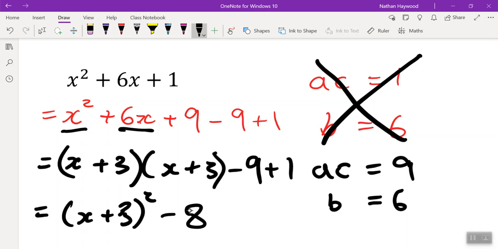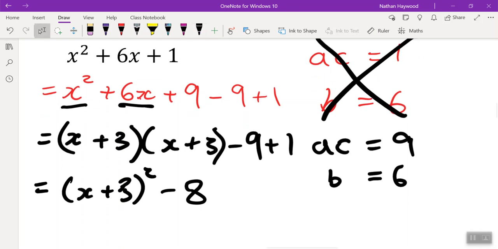Now, does that last line I just wrote look familiar? I'm hoping you can see a number squared minus a number squared. So we're using difference of perfect squares.